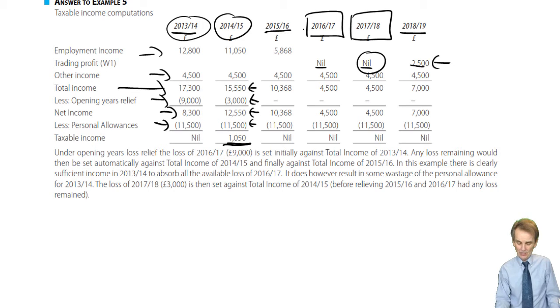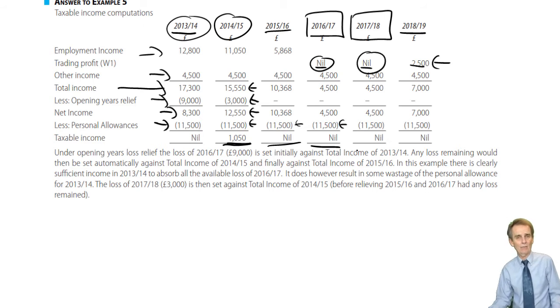Looking then at 15-16 year, bit of employment income, bit of property income, we're less than the personal allowance, nothing taxable. By 16-17, the employment has ceased. We're making no money in terms of profits. It's nil assessment. There's only the property income, obviously more than sufficiently covered by the personal allowance, nil taxable.